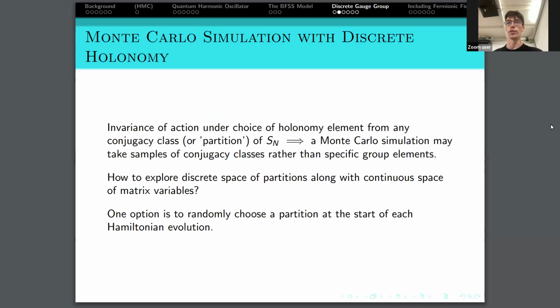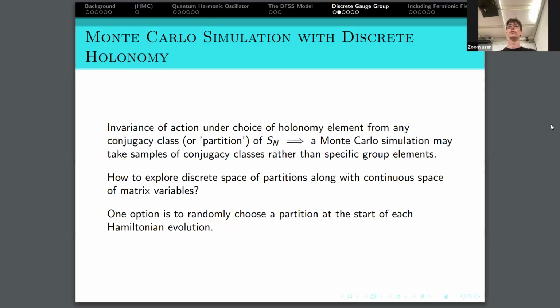The place to start is, how do you actually get a Monte Carlo Markov chain to look into this statistics? Well, the first thing is that the action is invariant under choices of holonomy element from conjugacy classes in SN. So that brings down the dimensionality of the problem quite a bit, because there's n factorial elements in SN, and a lot fewer conjugacy classes than elements.